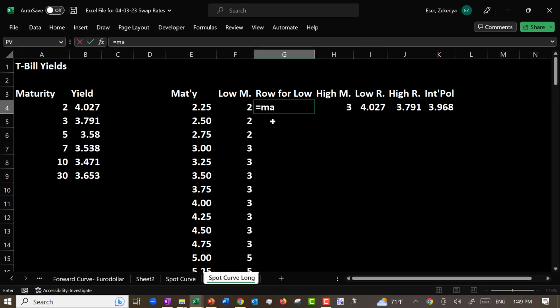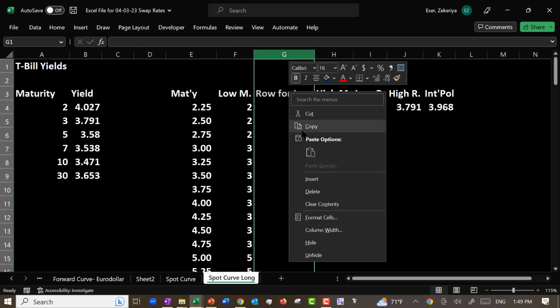Actually, here's what I'm gonna do. Cut, insert.